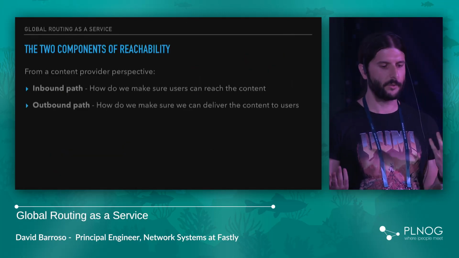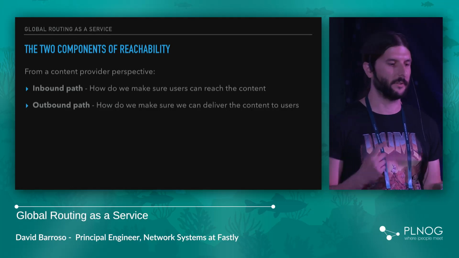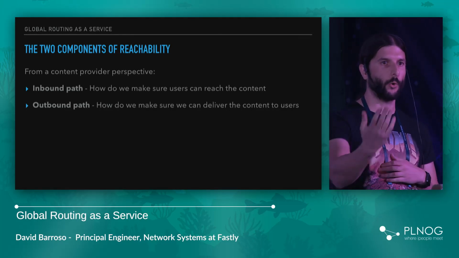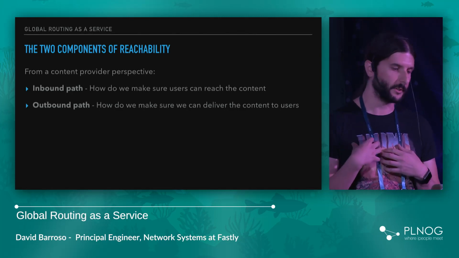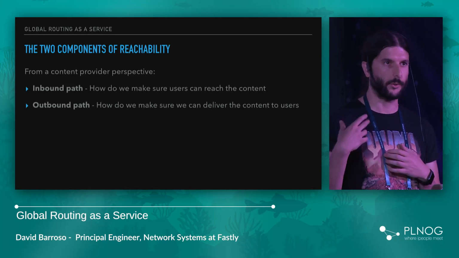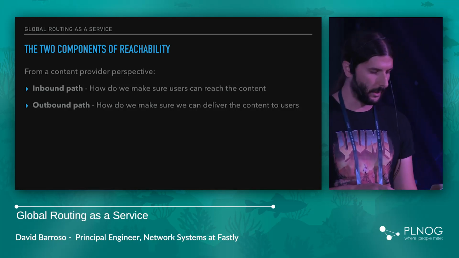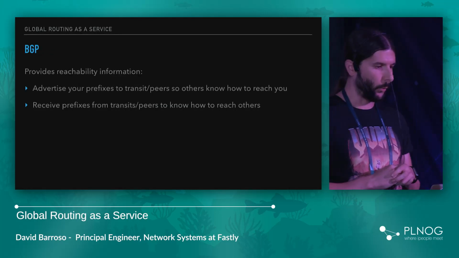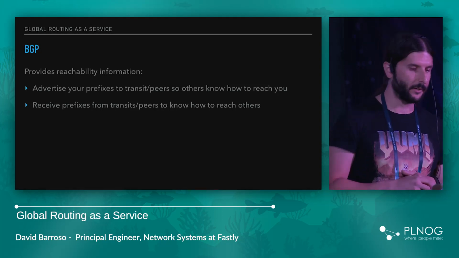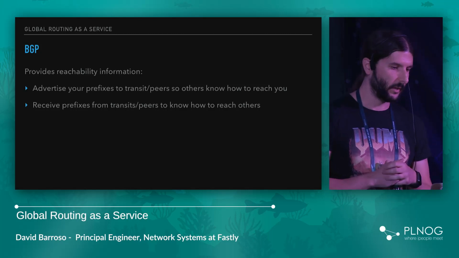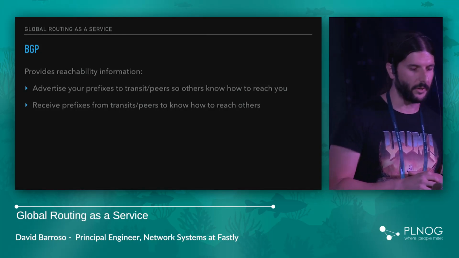So from a content provider perspective, it's actually two independent things, right? You need an inbound path, which is how you as a user can reach my content. And then there is also the outbound path, which is how I can serve the content to you. We are all pretty familiar with BGP here. BGP is the protocol that we use on the internet to provide reachability information.